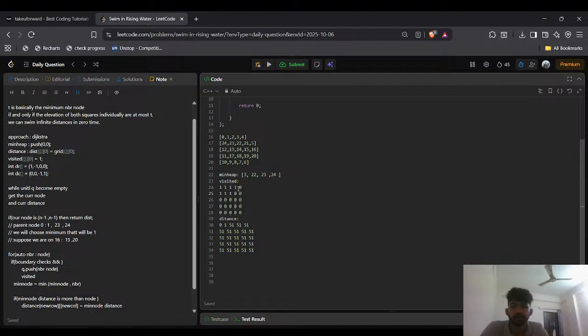This will become 1. Okay. Then our distance will be 2. Here our distance will be 3, 4. Then 5. Then here 16. Now what will happen?